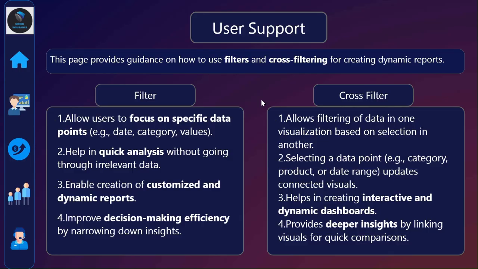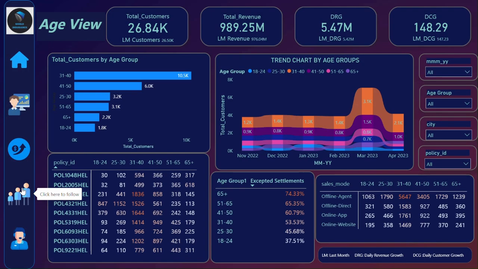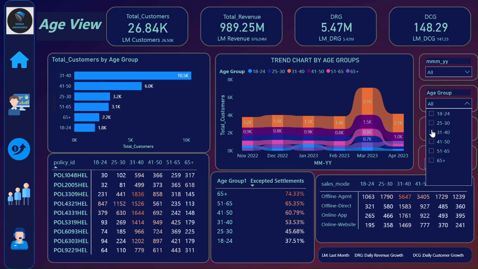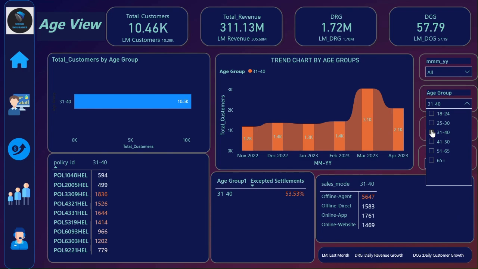From all that, the conclusion is that the age group of 31 to 40 is generating more revenue and more customers compared to others, and the least revenue is generated by 18 to 24.